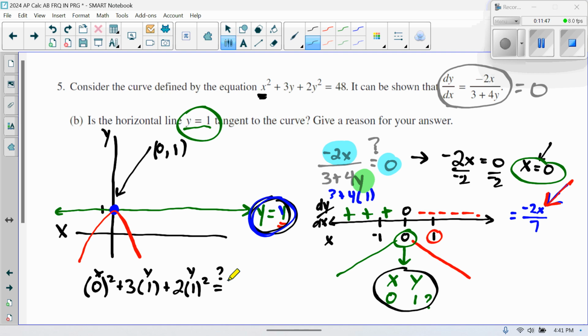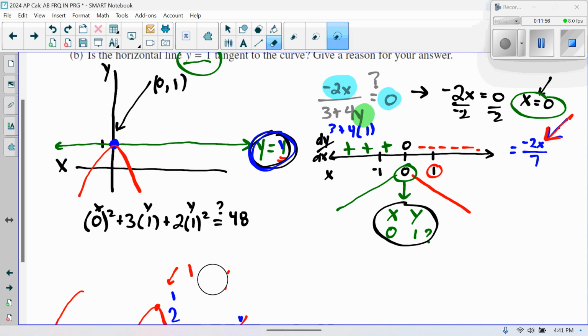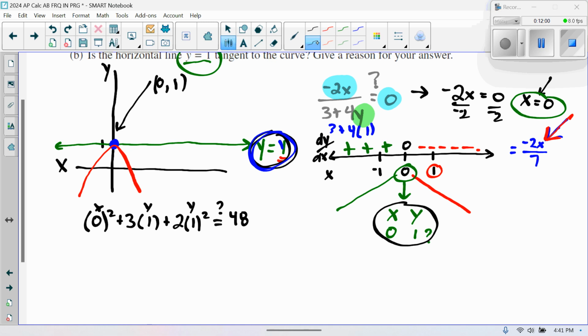Does it equal 48? Well, 0 plus 3 plus 2 does not equal 48. 5 does not equal 48.